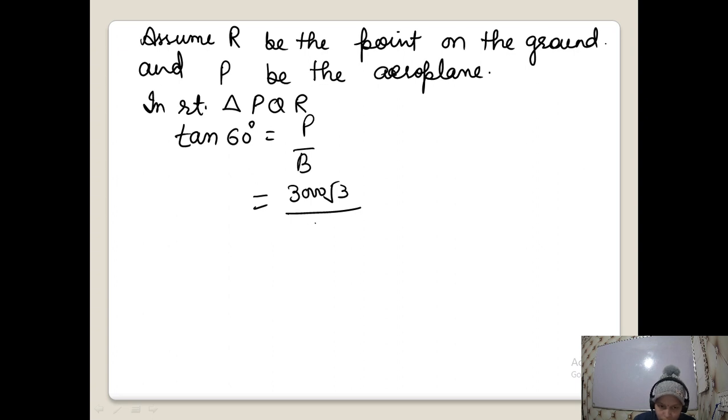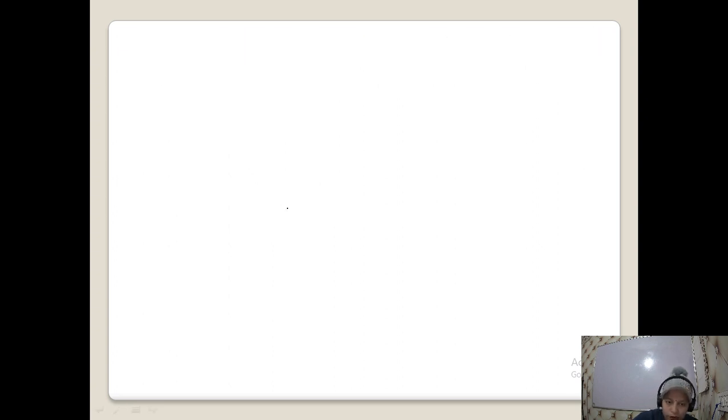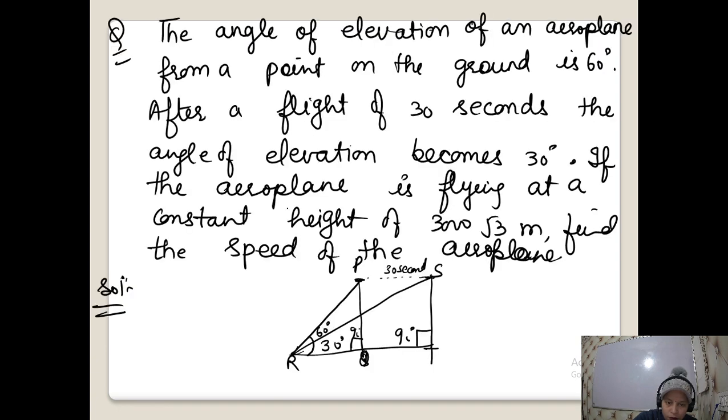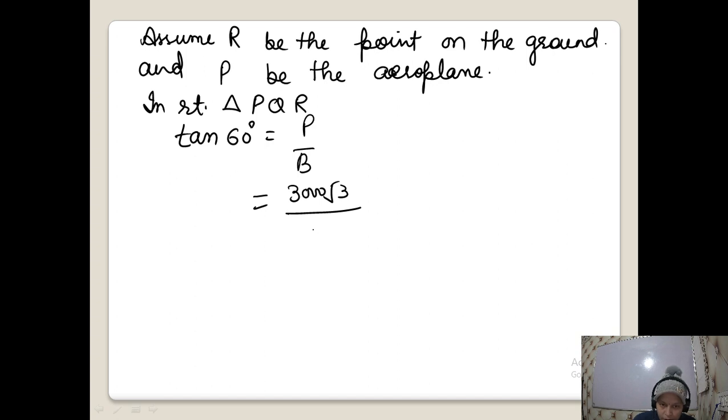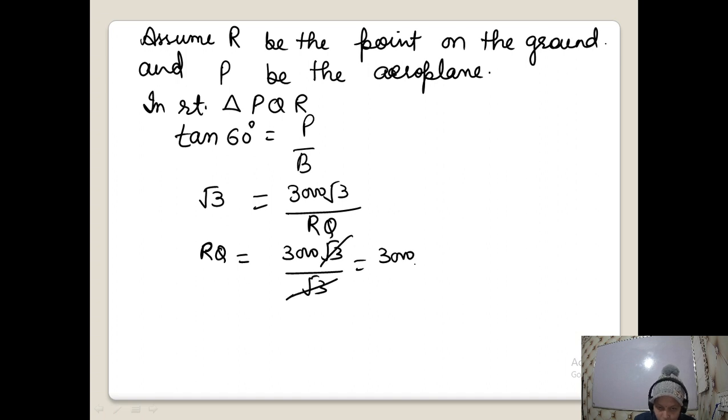We have to find the base, that is RQ. Tan 60 degree is equal to root 3. Now RQ is equal to 3000 root 3 over root 3. Root 3 cuts with root 3, we find 3000 meter is RQ.